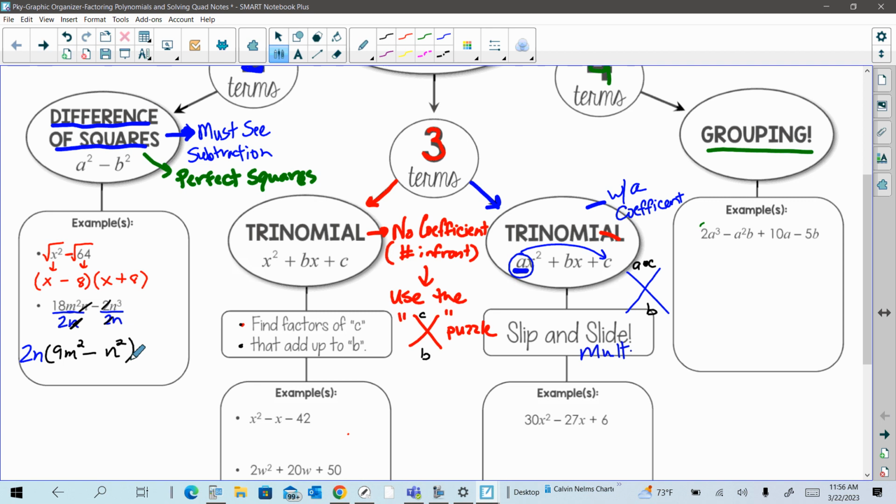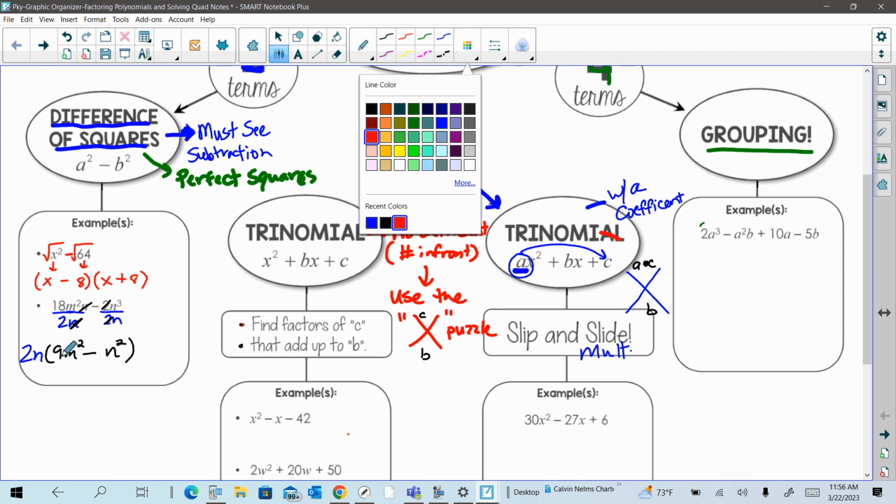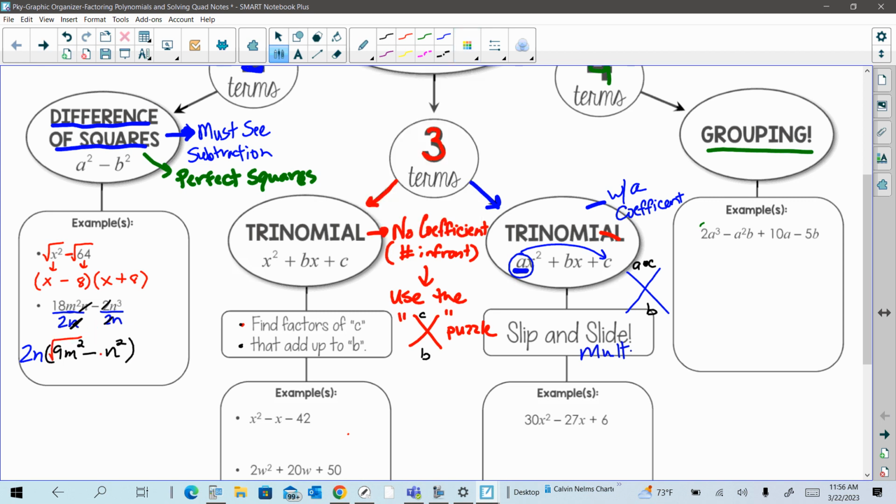And so now we're back to the difference of squares, because this is a perfect square and this is a perfect square. So I can just simplify both of these. My final answer would be the 2n outside the parentheses, leaving me with 3m minus n and 3m plus n. Okay. So this would end up being the final answer.